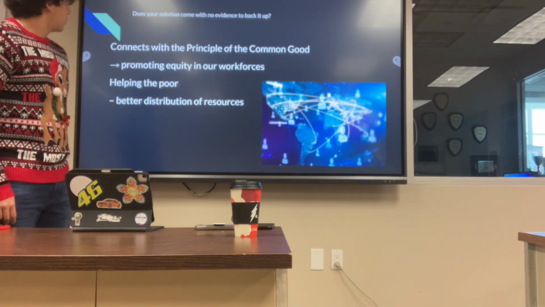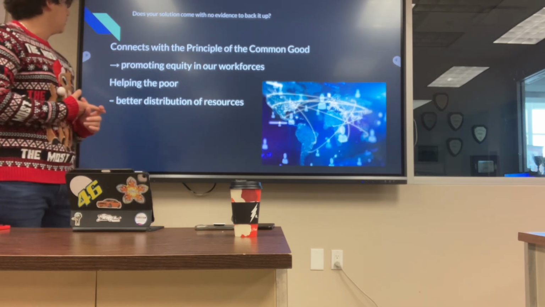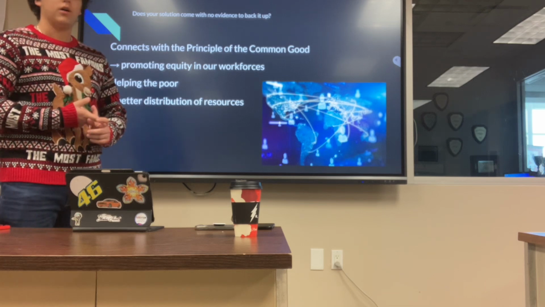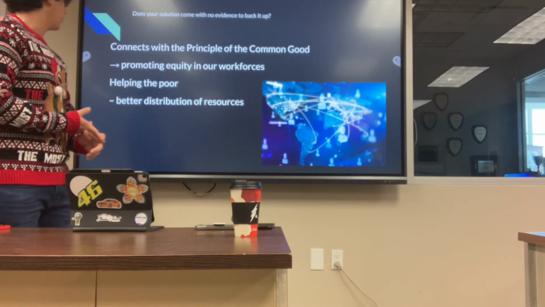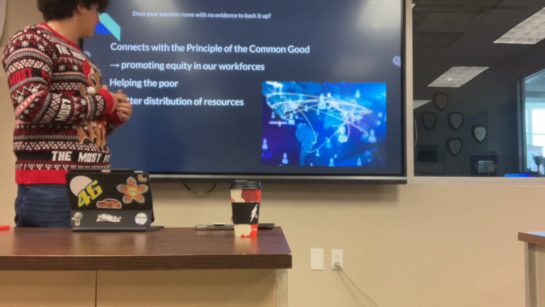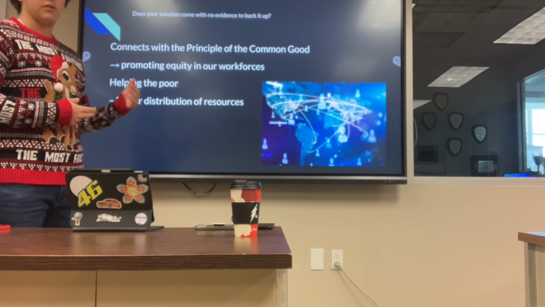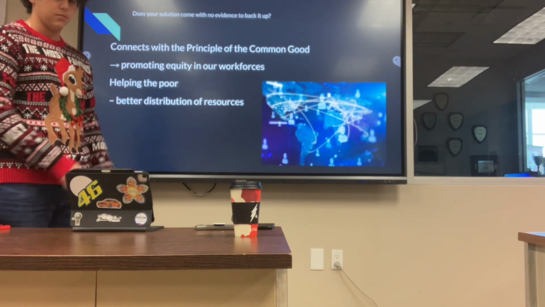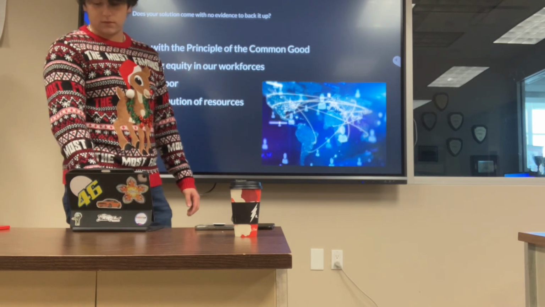This connects with the principle of common good because, one, it promotes equity for workers by helping the poor, and two, it creates better distribution of resources. With these two, this will make our society and other societies around the world a much better place to live.